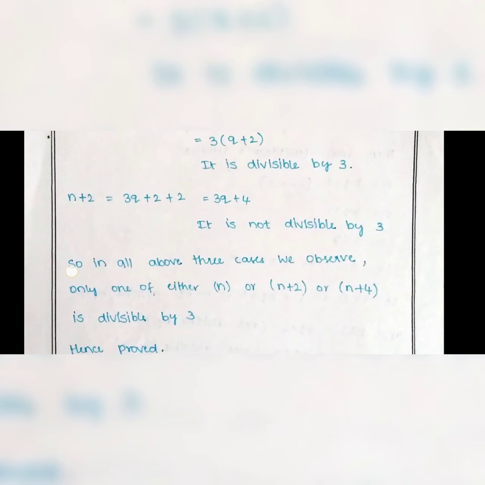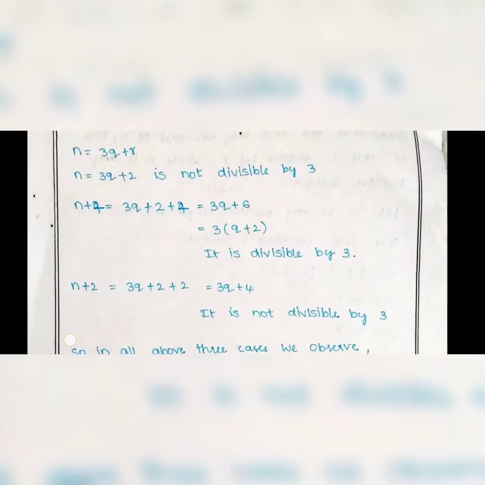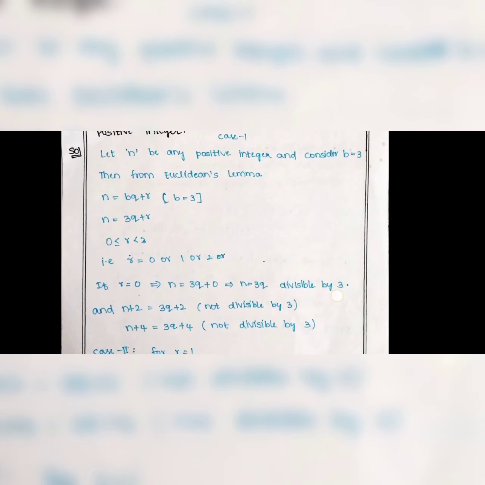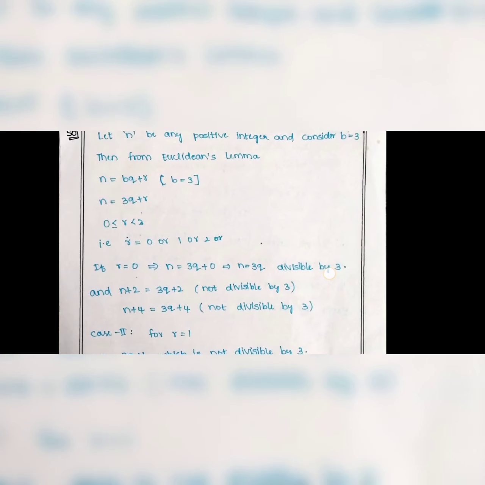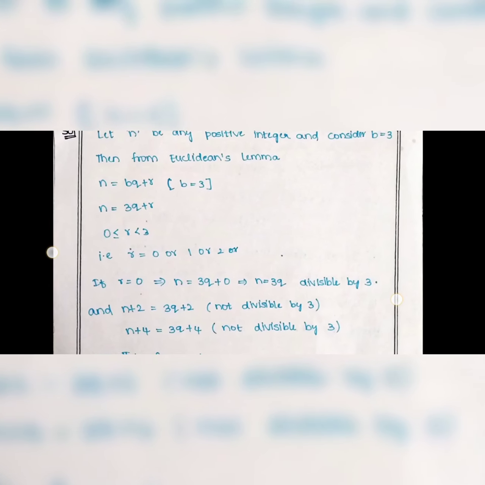So in all the above three cases, we observe only one of n or n plus 2 or n plus 4 is divisible by 3. Here in the third case, n plus 4 is divisible by 3. In case 1, n is divisible by 3.